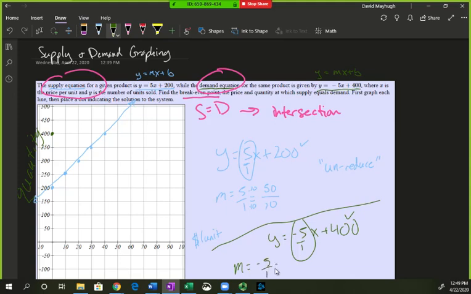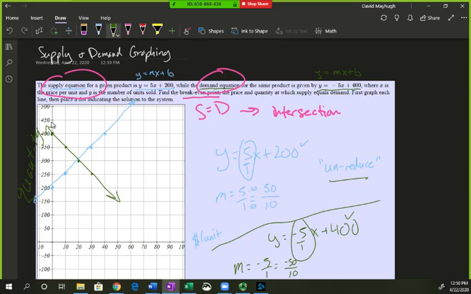But if I unreduce it, I can make it look like negative 50 over 10. So that means I'm going to go down 50 to the right 10, down 50 to the right 10, down 50 to the right 10, so on and so forth. So it's going to look like this. Okay? Now, in these scenarios, it's not always that the slopes are going to be opposites.